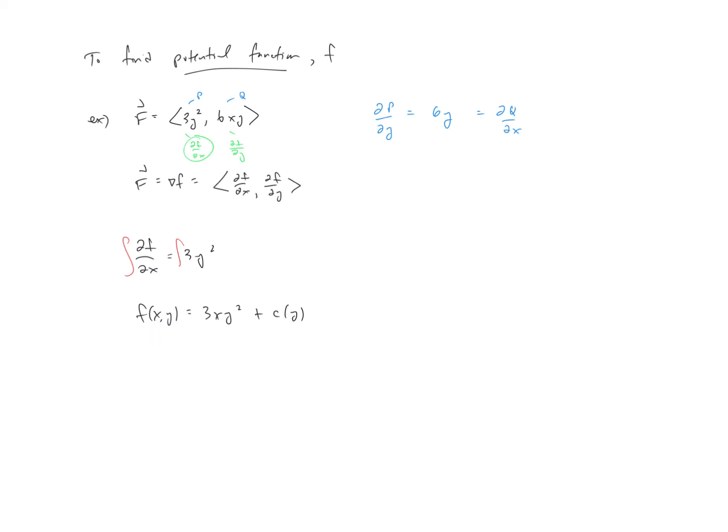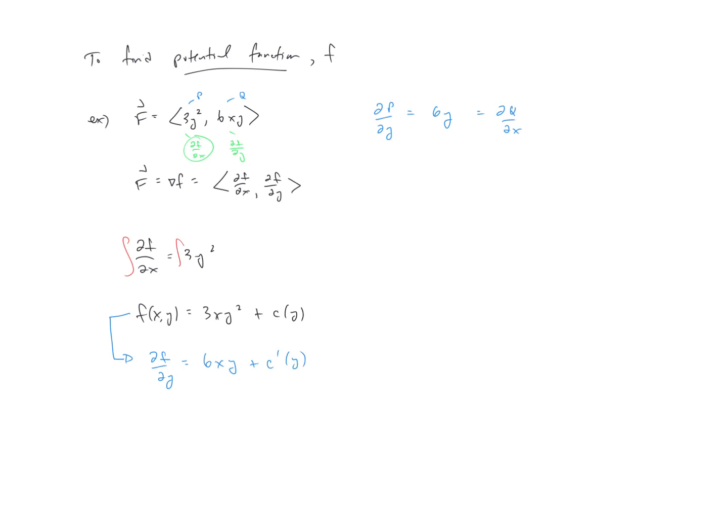Now, what I'm going to do is I'm actually going to use this right here, and it's very important to understand this. I'm going to use this guy right here to find partial f partial y. Okay, so I'm using this to come up with partial f partial y. So when I do that, that's going to give me 6xy plus c prime y.